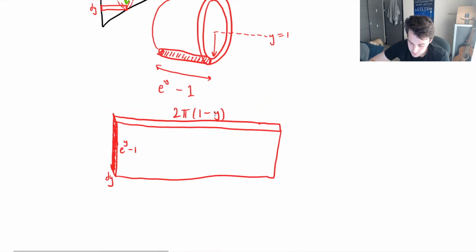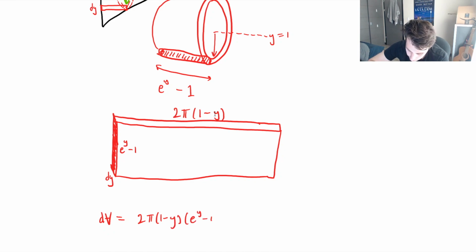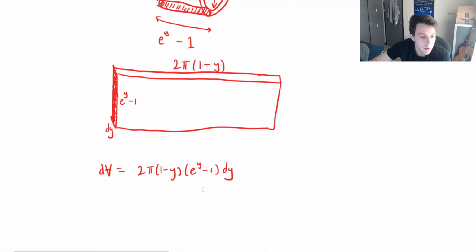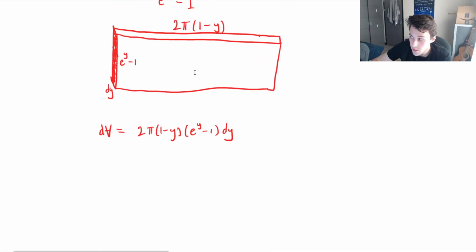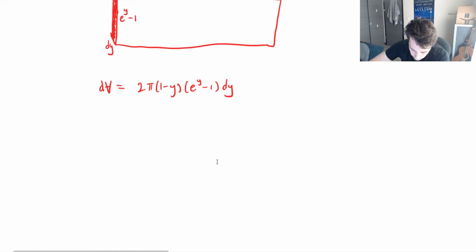Okay, so we can finally conclude that we've got our differential volume. This is going to be equal to the volume of this prism that we have, which is 2 pi times 1 minus y times e to the y minus 1 times dy. Pretty ugly, but this is the differential volume. So if we wanted to know the volume of the entire solid, remember, we just need to take the sum of all of these.